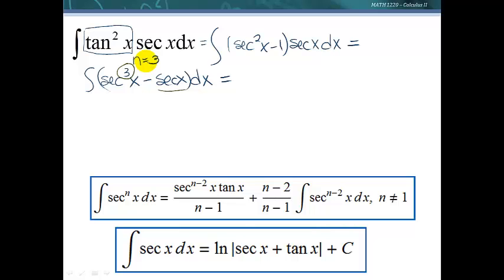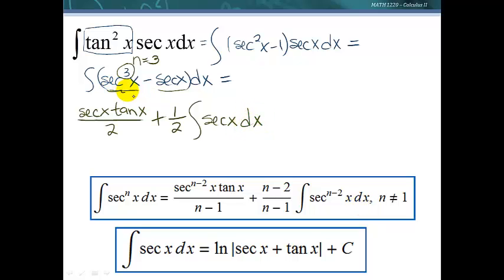So if we do that, let's go ahead and do this part first. So we would have secant, and n was 3, so 3 minus 2 is 1. So secant x tangent x over 3 minus 1, so that's going to be 2, plus 3 minus 2 is 1 over 3 minus 1 which is 2, and then the integral of secant x dx.